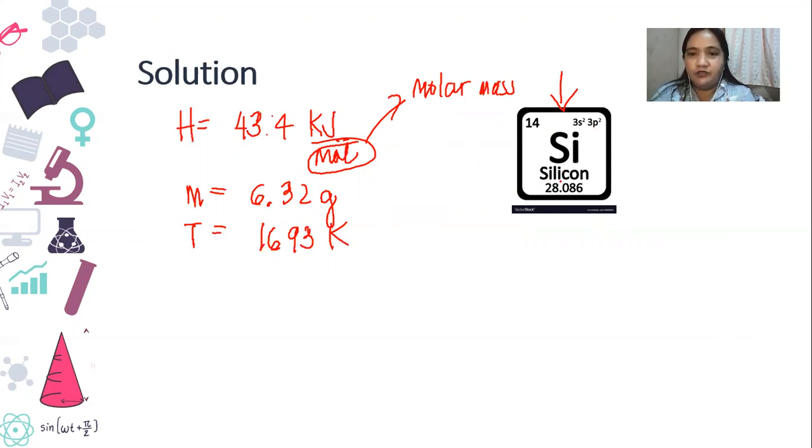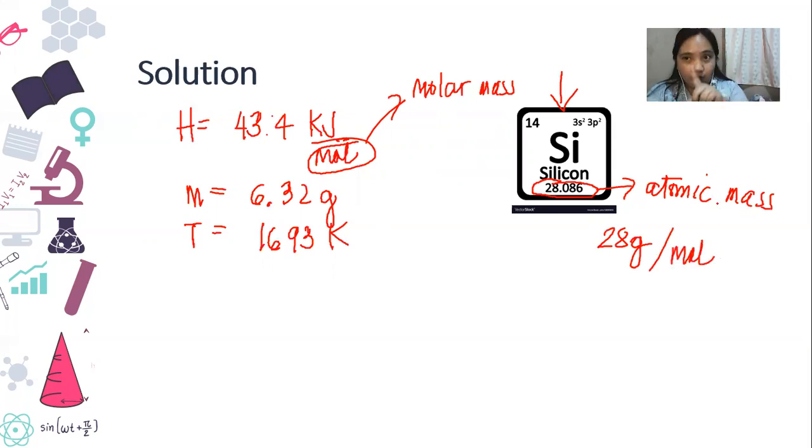You have to check this one because that will be the atomic mass that we use in computing the molar mass. It's pure silicon, which means there are 28 grams per mole, or for every 1 mole of silicon, it's 28 grams.